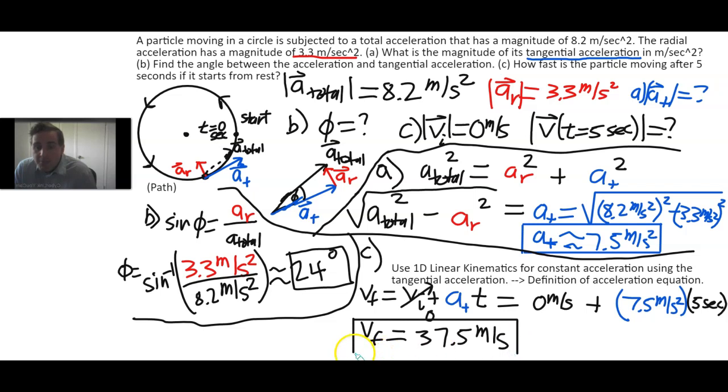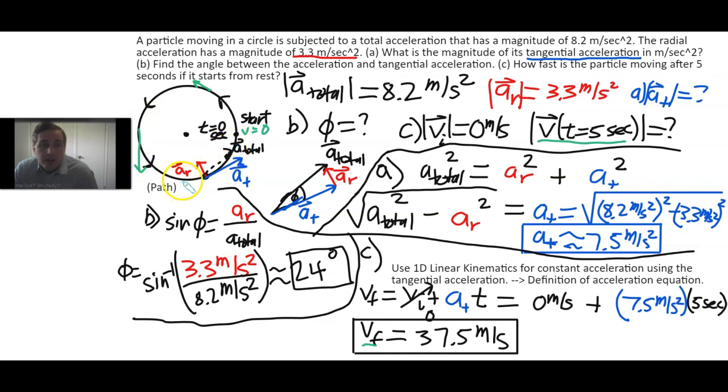That is, at any moment, if this is the velocity, you could imagine at the start v equals 0, but then as we go along, the tangential velocity gets faster and faster because we're tangentially accelerating.